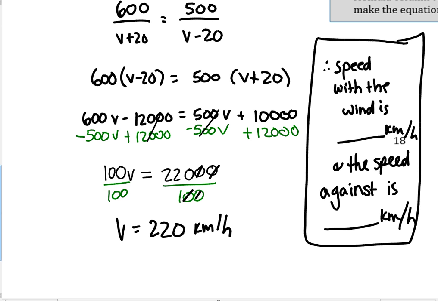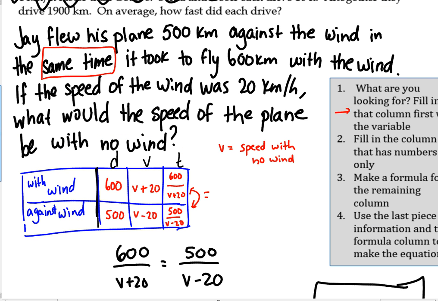Okay, so when you're done, can you check your answers? You should get a speed with no wind of 220. Did you change the question? Yeah, we did change it. We changed our categories to with and against.